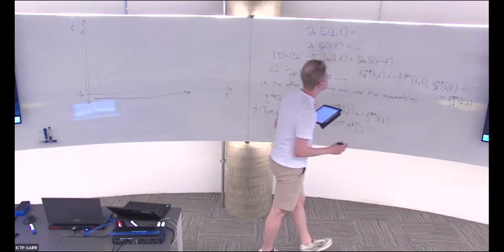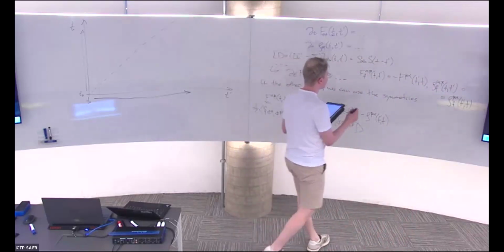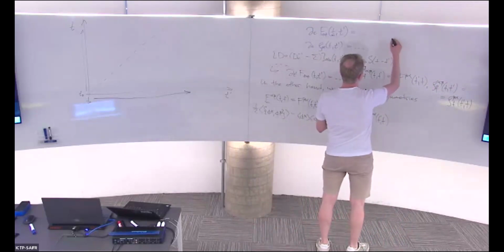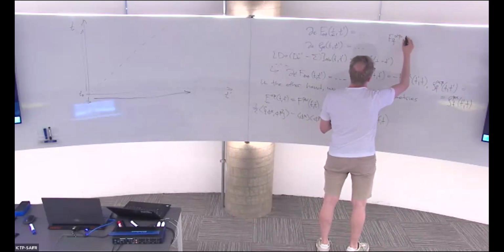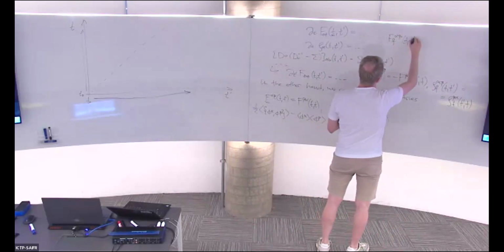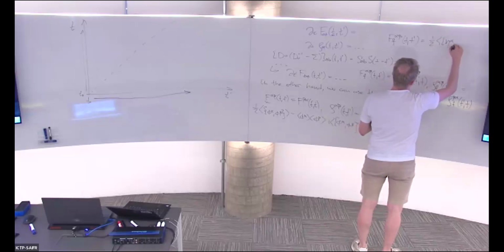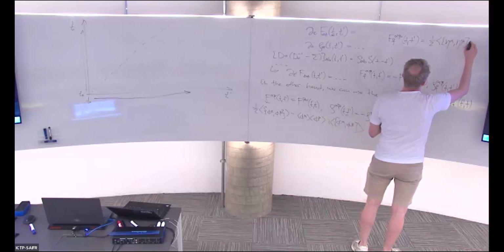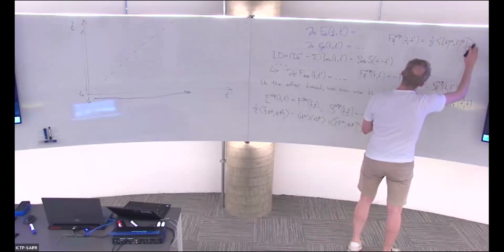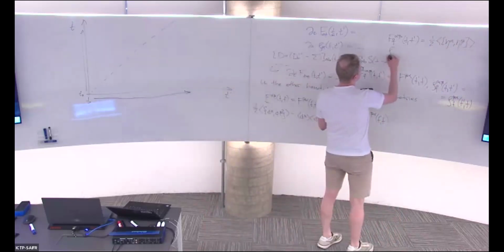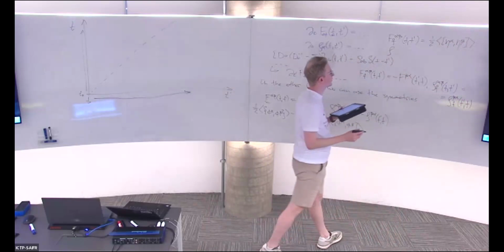And in fact, for fermions one can show the statistical function is actually anti-symmetric, so one half minus, and rho is symmetric.